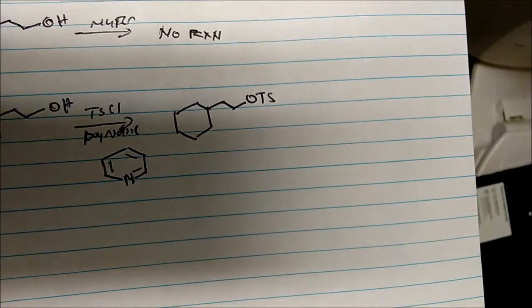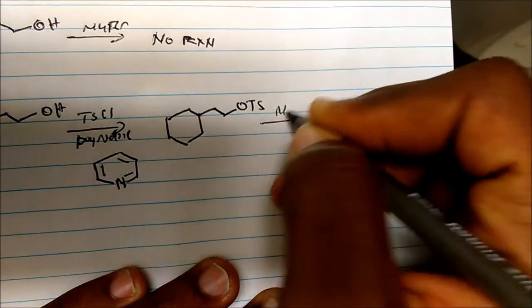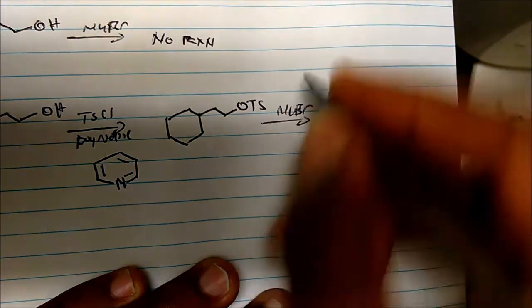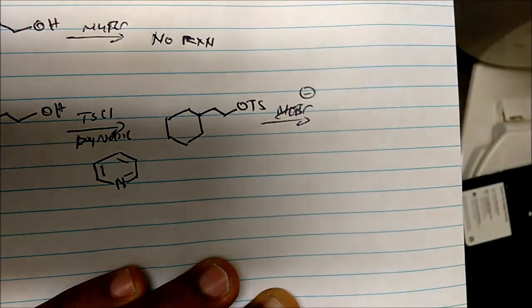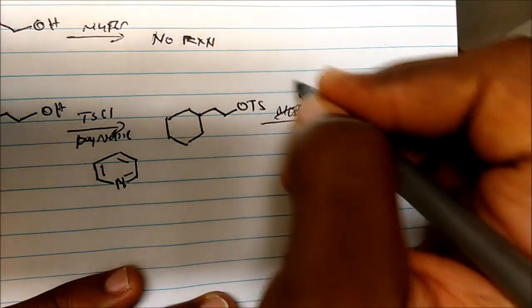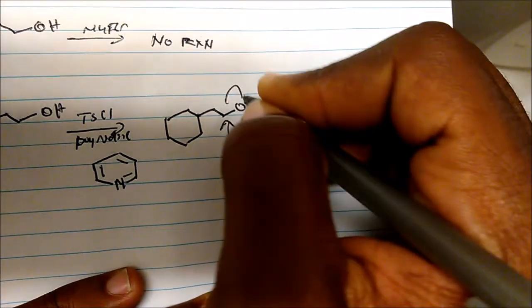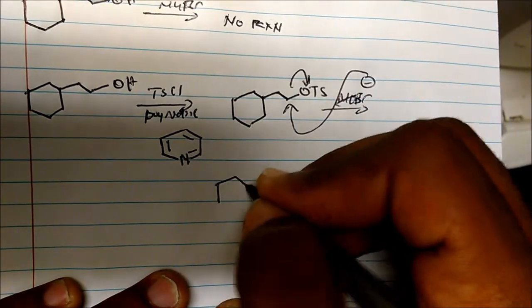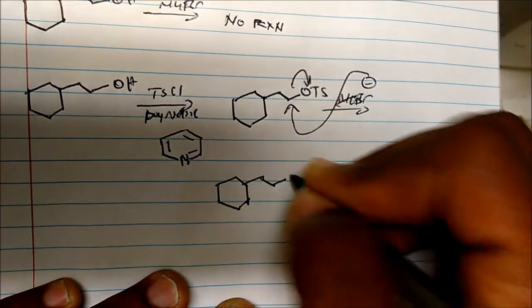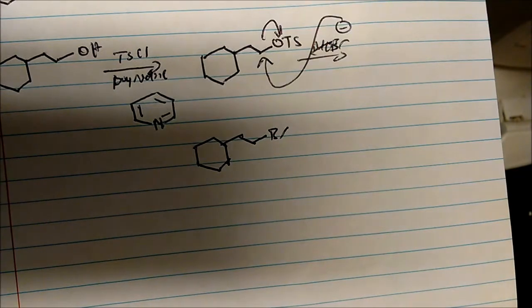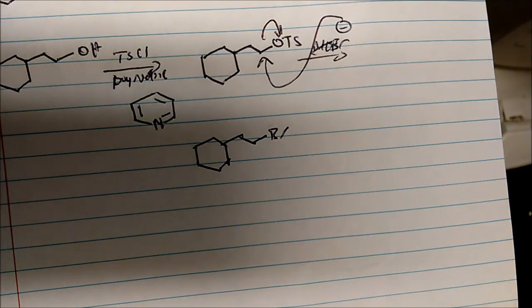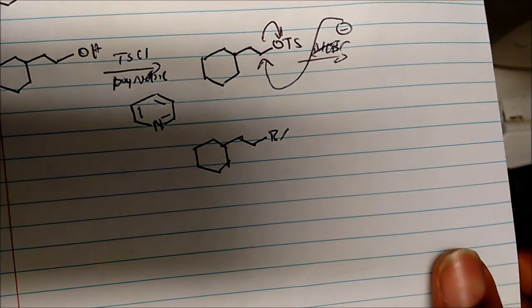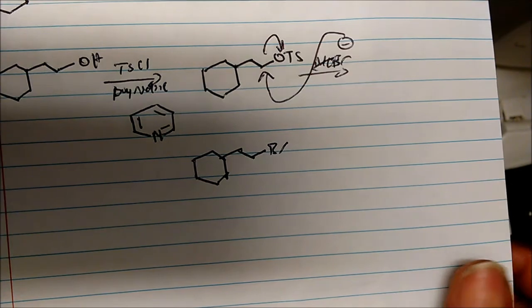It gives me OTs. And now I could actually add sodium bromide. Bromide serves as a nucleophile. This is prime for an SN2 reaction, kicks off my tosylate group, and now I get my neutral product, which is what I hoped to form initially. So just keep that in the back of your mind.